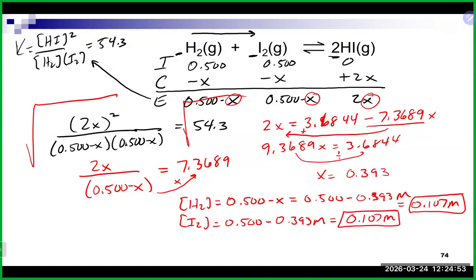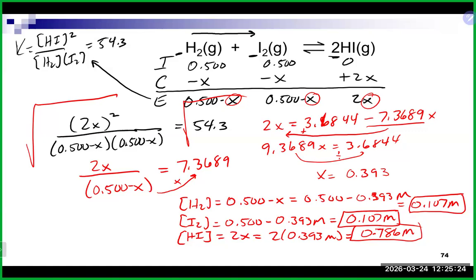And lastly, here our HI is equal to 2x. So popping that in there, that's going to give us 2 times 0.393 molar. And that yields us a 0.786 molar as our concentration there for our products in this case.